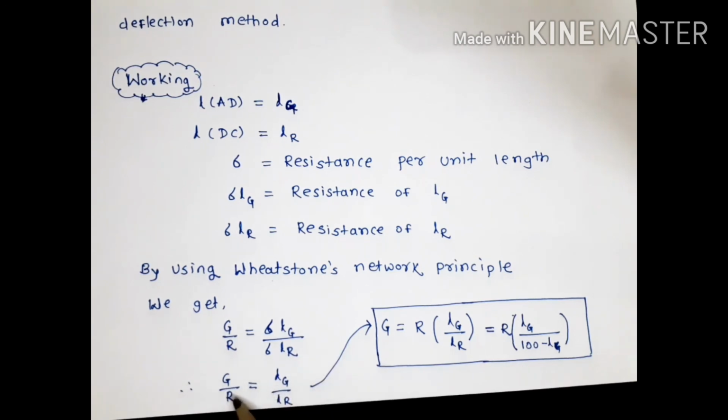By transferring this R to the RHS, we get capital G is equal to R into bracket LG upon LR, but LR is equal to 100 minus LG, which means G is equal to R into bracket LG divided by 100 minus LG. By measuring LG and by knowing capital R, with the help of this formula we are able to determine the resistance of a given galvanometer.